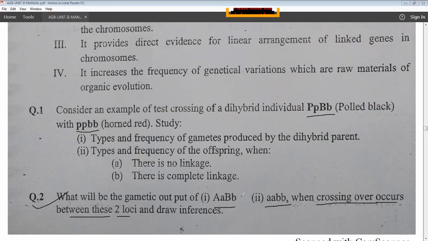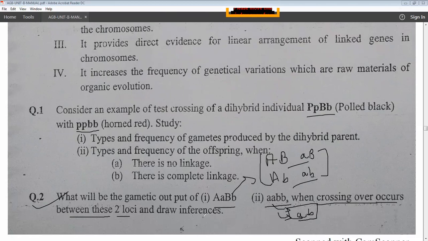So in this particular question, we will have similarly two kinds of gametes. Small b, small a capital B, and small a and small b. These are the four gametes formed from this individual, and this individual will have small a and small b.